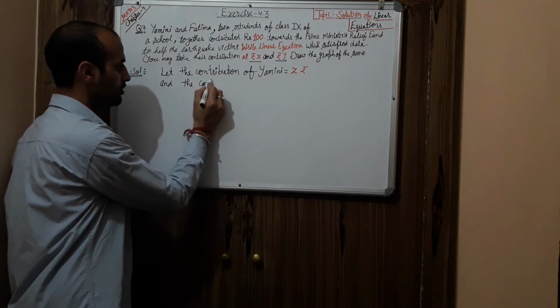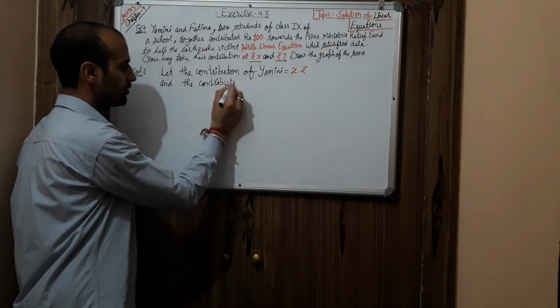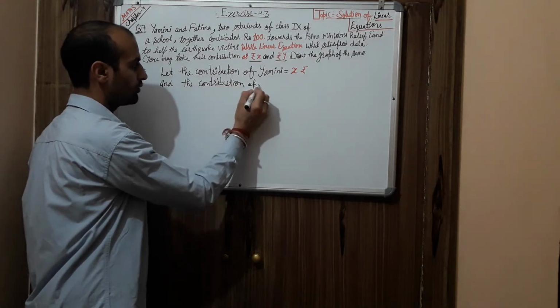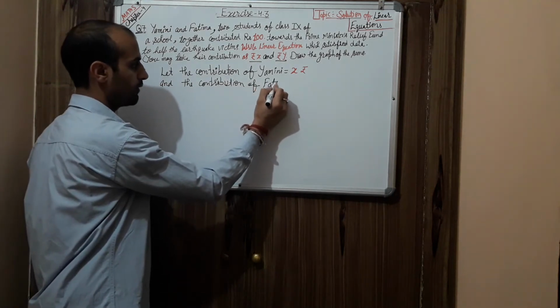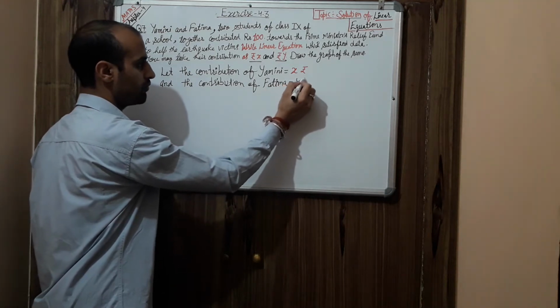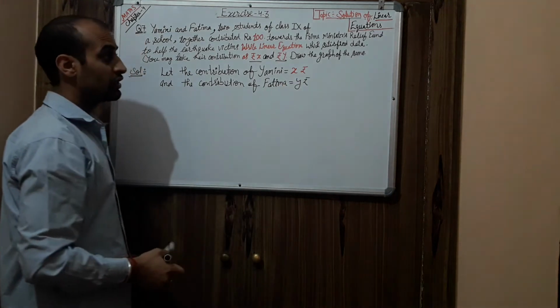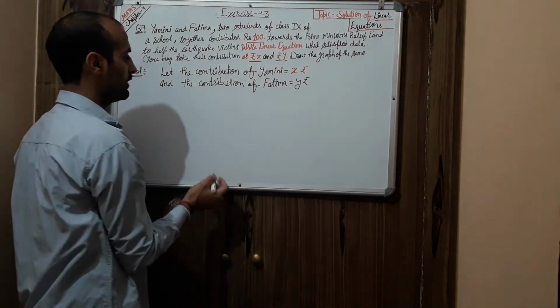The contribution of the second girl, Fatima, is y rupees. So the total contribution is clear to you. Total contribution is 100 rupees.